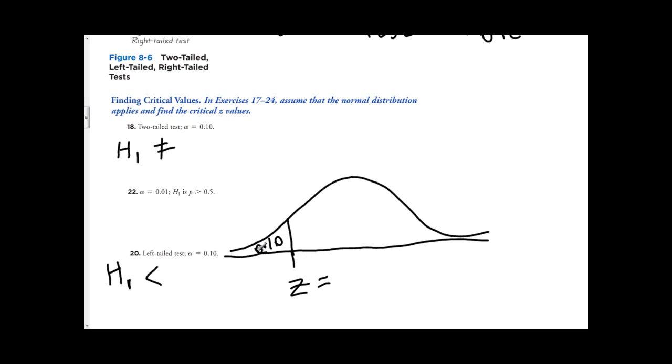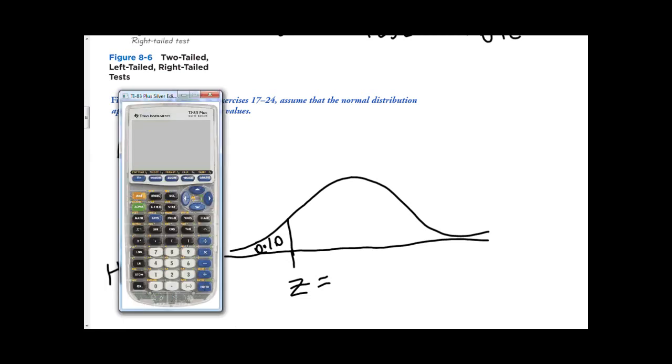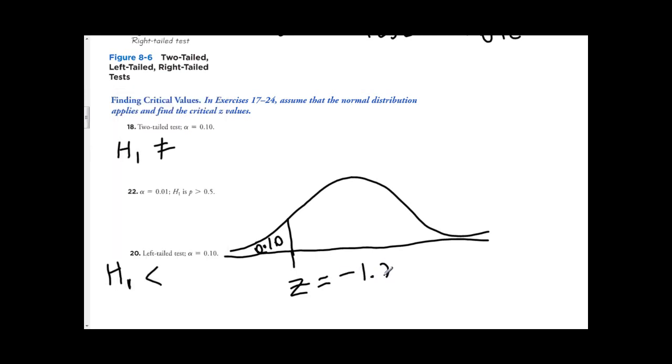So we're looking for the area on the left, and that means when I plug it into my TI, we can do second entry again to get that last entry we just entered. In this case, we're looking for an area to the left of 0.10. And we press enter, and we get negative 1.28 for our critical value.